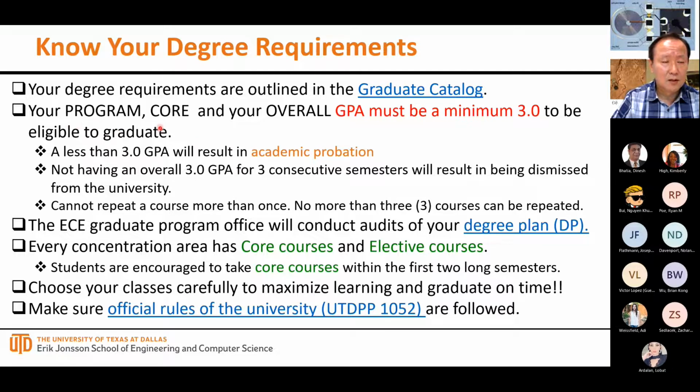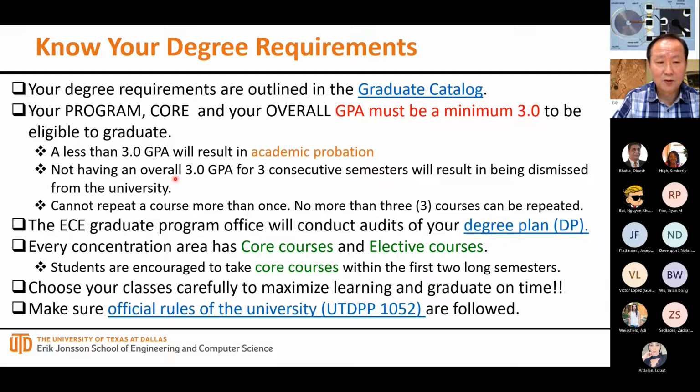Basically, for the master's degree, your program GPA, the core GPA, and overall GPA must be a minimum of 3.0 to be eligible to graduate. Once you fall below 3.0 GPA, it will result in academic probation.